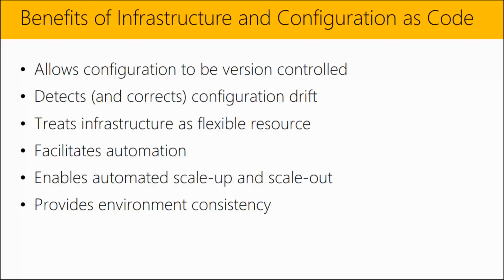Facilitating automation is a great benefit. It also enables automated scale up and scale out. So as your app grows, you can scale up or scale out depending on the growth of your application. And more importantly, it provides environment consistency.